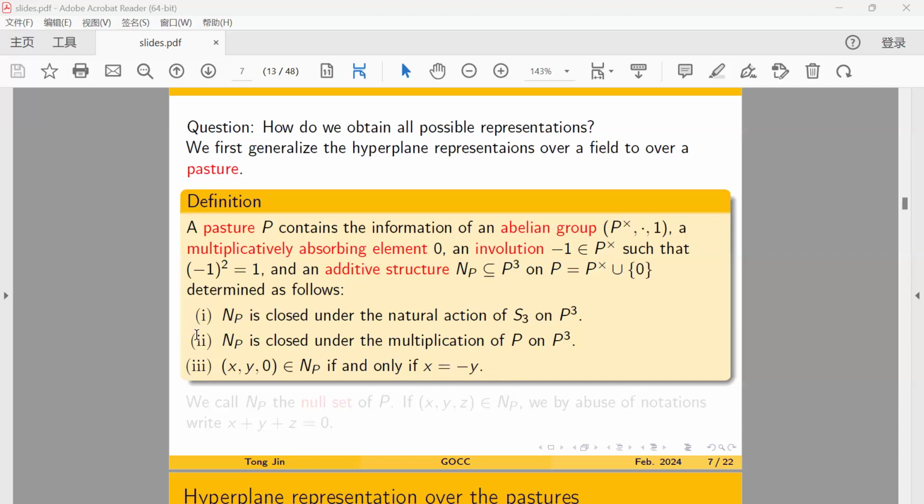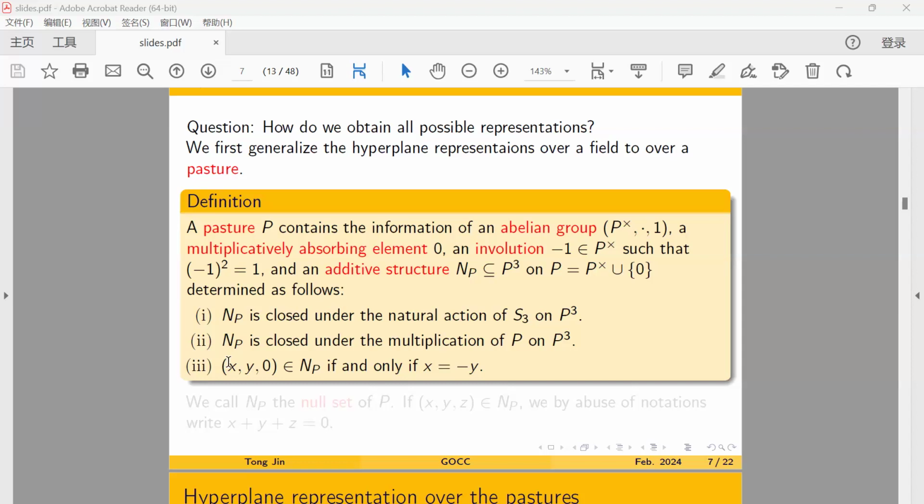And secondly, N_P is closed under the multiplication of the pasture. So if (1, 1, 1) is in N_P, then (a, a, a) is also in N_P for every element a in the pasture P. And finally, there is the additive inverse axiom.